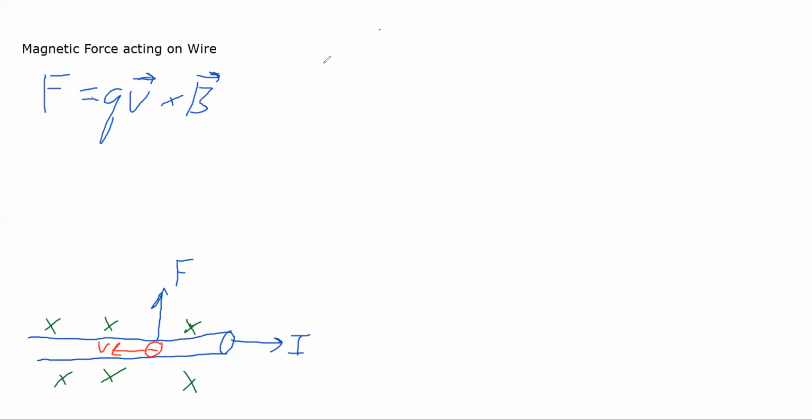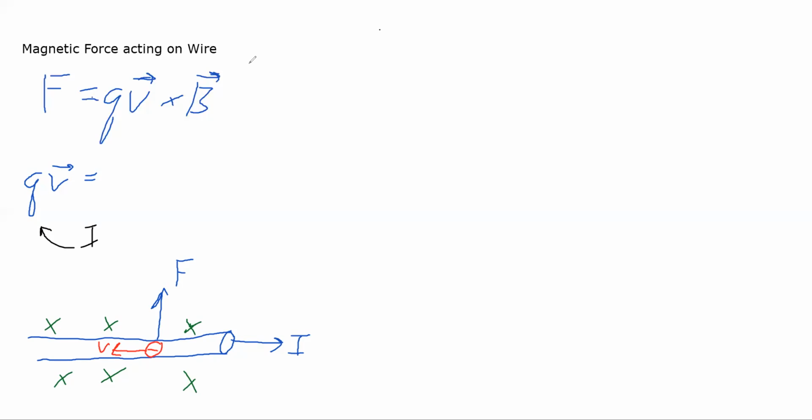Yeah, good. All right, so QV. Let's look at QV. If I want to change this, I can't remember if we did this already. Well, I'm going to make a couple of substitutions here. For Q, I know Q is related to the current, right?